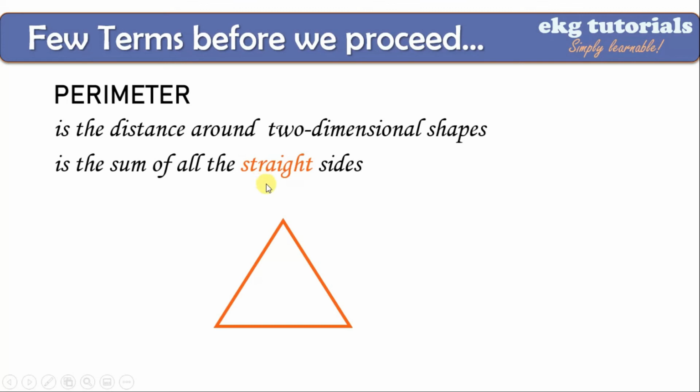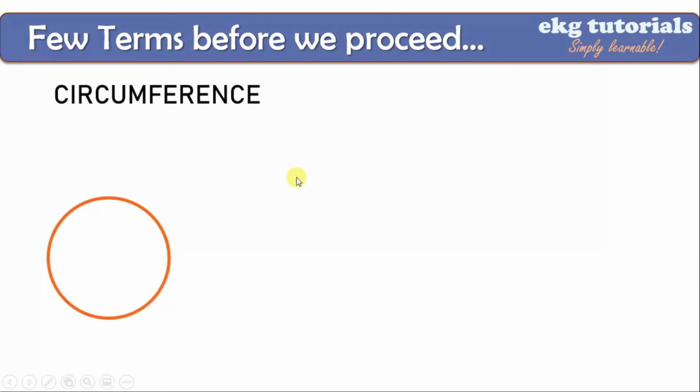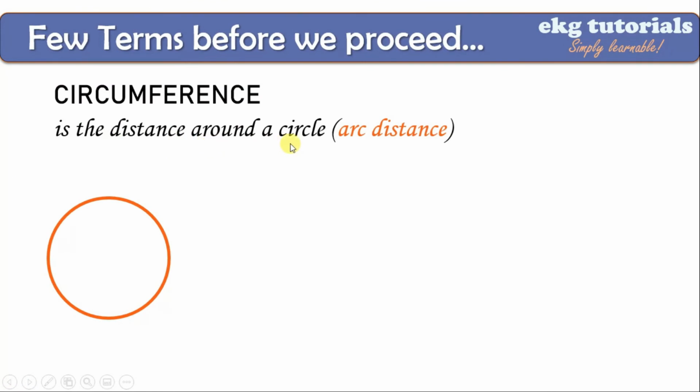So pag yung side daw ng isang two-dimensional object is straight, we refer to the sum of those sides as perimeter. But what if yung ating kinukuha is an arc distance? In that case, we will be calling it circumference. So it is the distance around naman a circle which has no straight side.